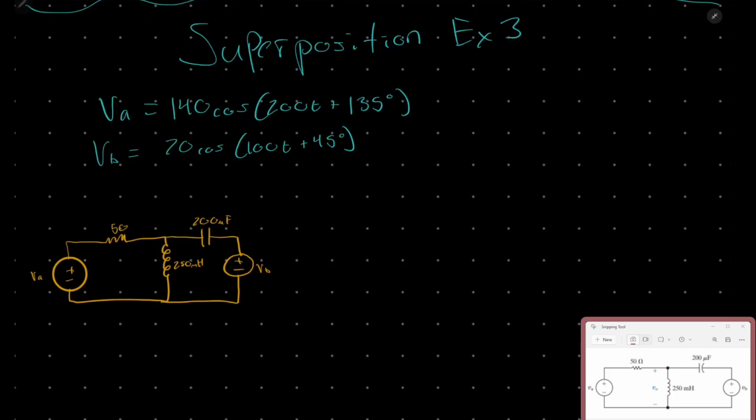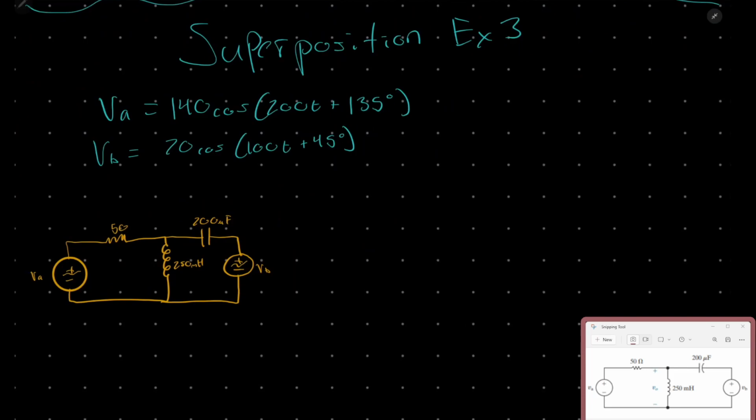Okay, so here's another example of solving a circuit using superposition. In this example, we have two sinusoidal voltage sources. Now, if you see a circuit with two sinusoidal voltage sources, and those voltage sources have different frequencies, then you are being forced to use superposition.